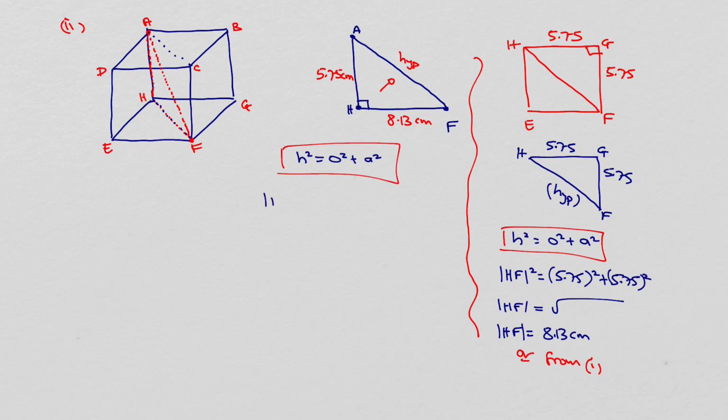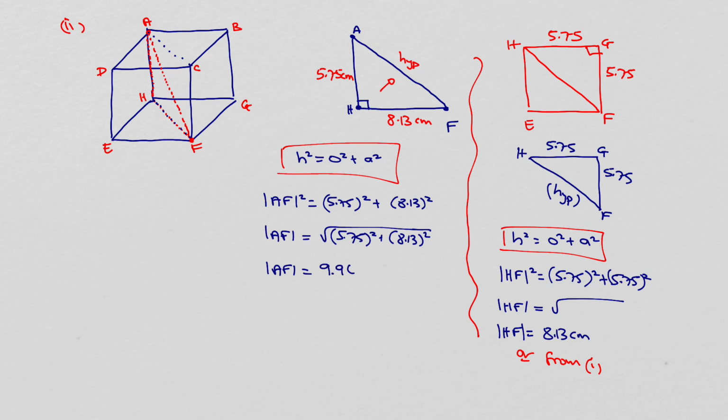And again, we have AF squared is equal to 5.75 squared plus 8.13 squared, and therefore AF is the square root, which gives us a value of, and again I'm going to go correct to 2 decimal places, so that's 9.96 centimetres.